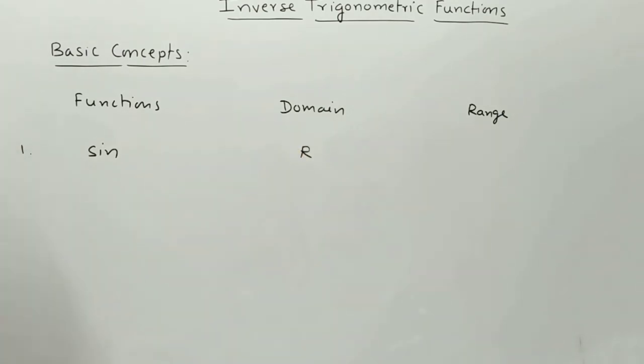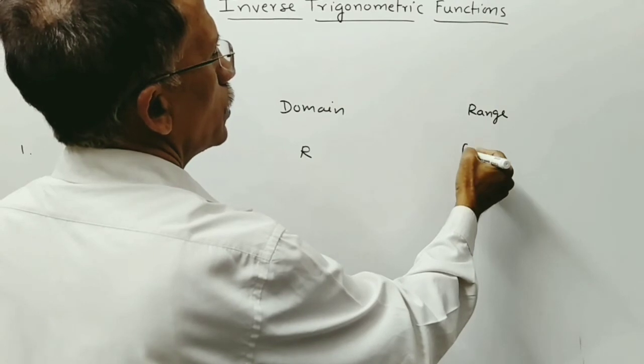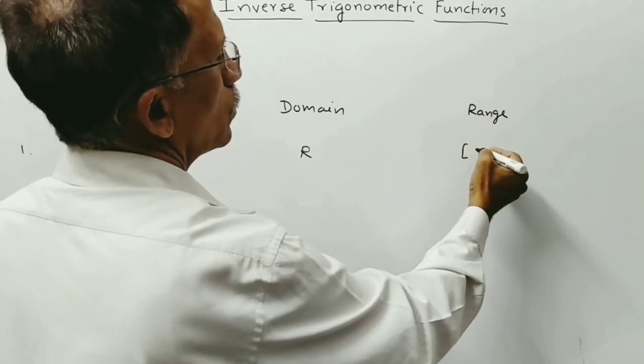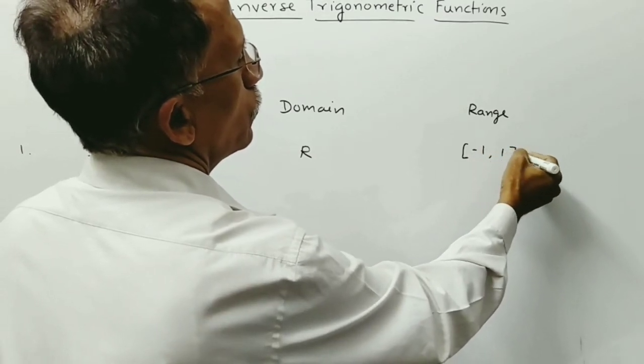So, domain of sine function is set of real numbers. And outcome of sine functions lies between -1 and 1, including -1 and 1. Therefore, range of sine function is closed interval from -1 to 1.